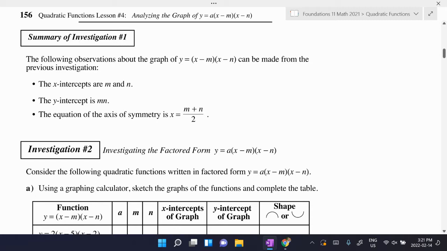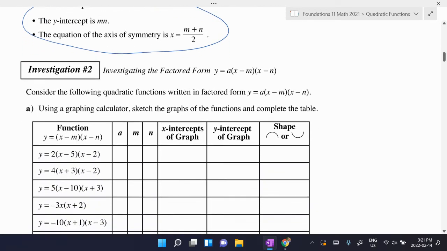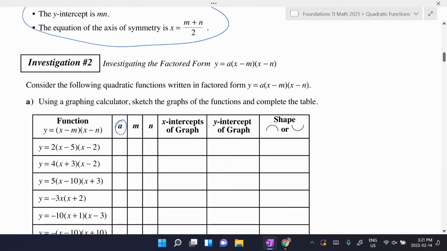So this time, we're going to take all of this information, what we just wrote. We're going to see what happens when we have an a there, okay? So in this case, the a is what? 2. The m is 5. And the n is 2. Okay? Go ahead and put that into your calculator and see what you notice.